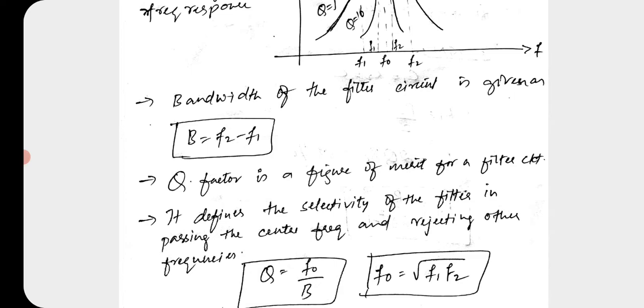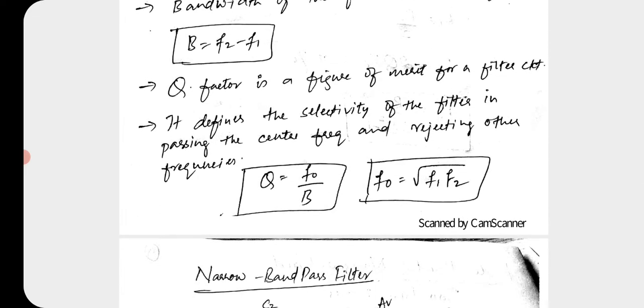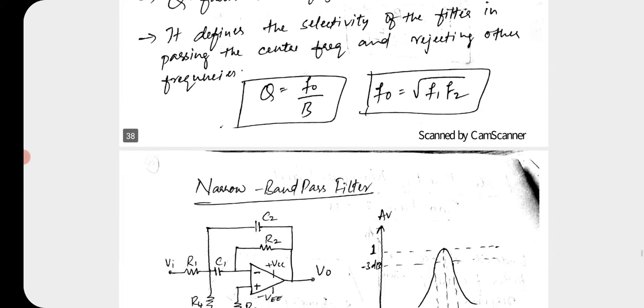It means how well it can choose F0, the center frequency. So Q is given by F0 divided by B, where F0 is the center frequency and B is the bandwidth. To calculate F0, the square root of F1 times F2 will give you F0.